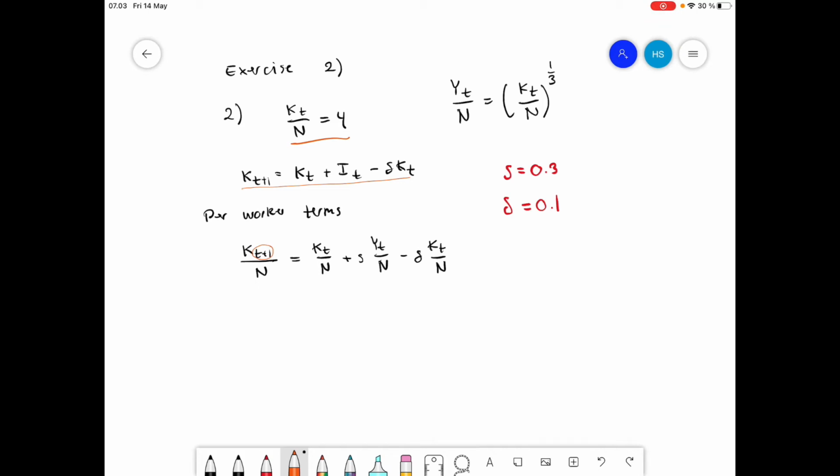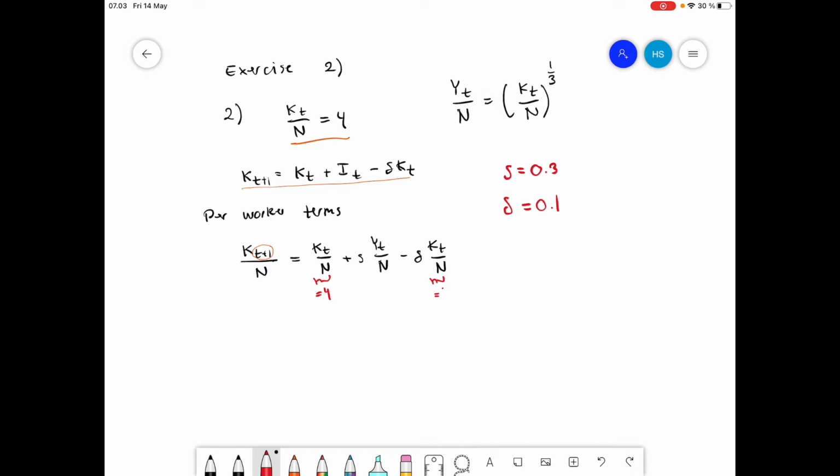So what do we do? We insert the values. Capital per worker initially, that is 4. It's given in the exercise.